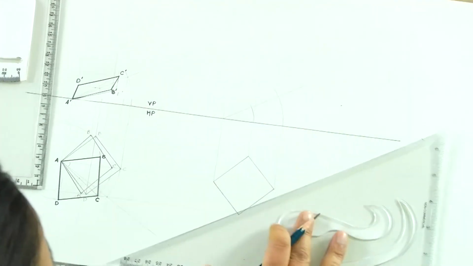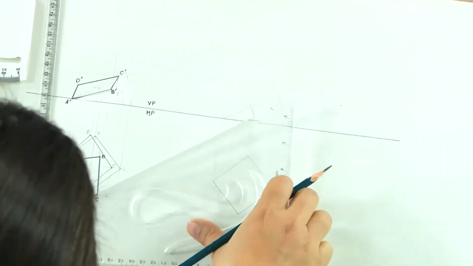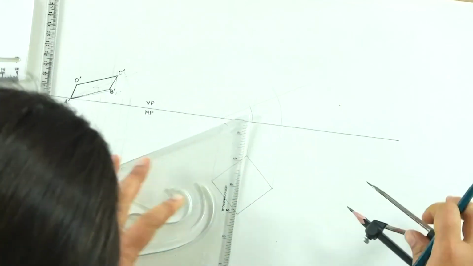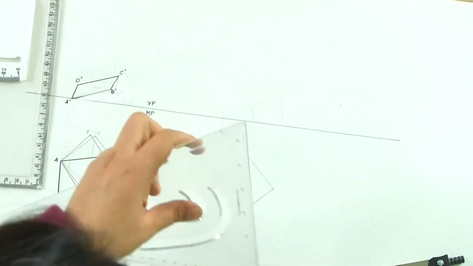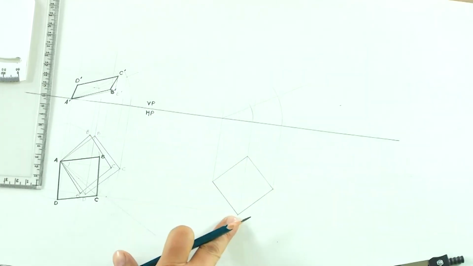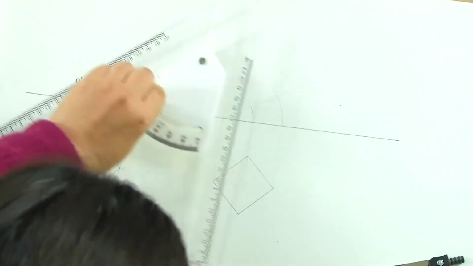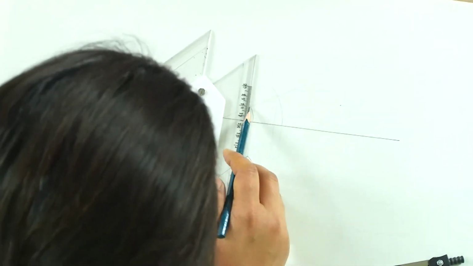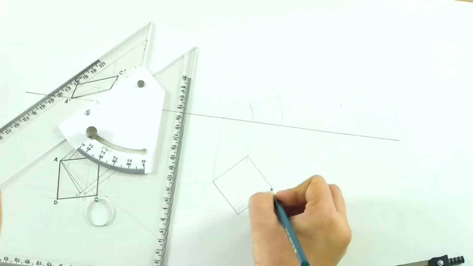So this is this diagonal AC, and let me also draw this diagonal BD for our reference here. So that's the diagonal BD. Now what we have now is this diagonal inclined. So we get back the projections. So what we have as a revised shape is this.